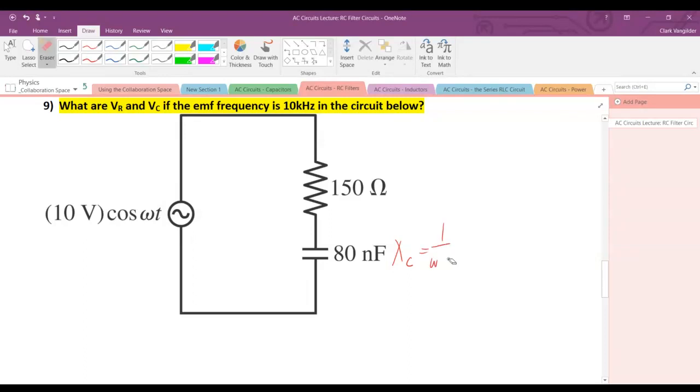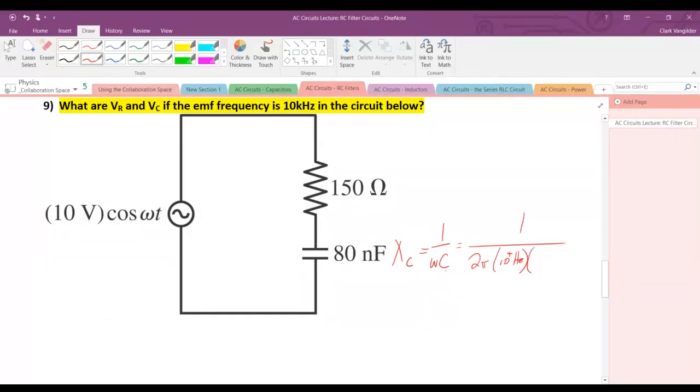Seen this formula before, 1 over omega C. And that's going to be 1 over 2 pi. I think we can remember that. And the 10 kilohertz would be 10 times 10 to the third, or 10 to the fourth hertz.